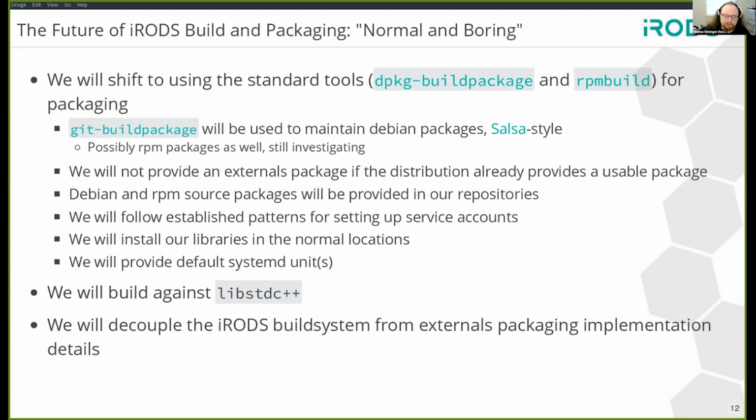And we will also build against libstdc++ so that we can use the system provided Boost and that kind of thing. And we will decouple the iRODS build system from the externals packaging implementation details so that it's not so difficult to, say, build against a different library that lives somewhere else.